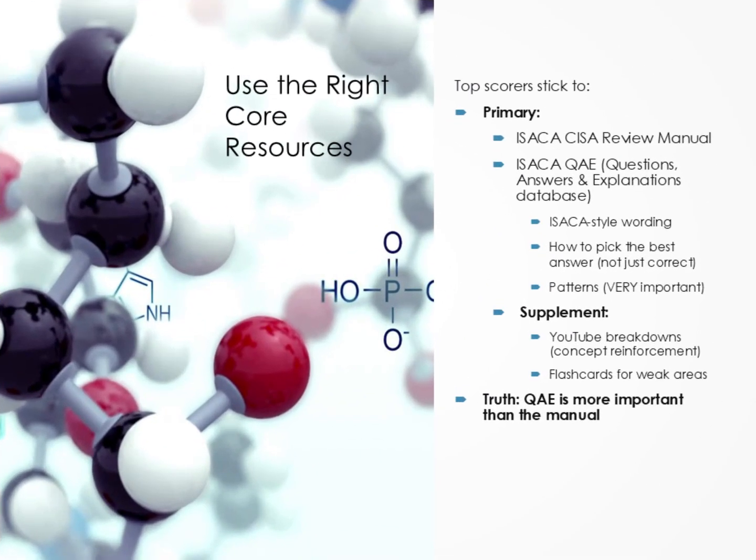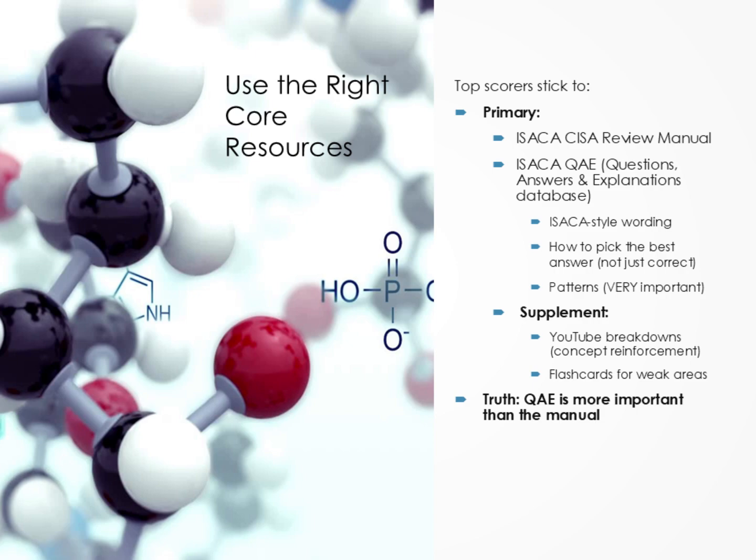Next, let's look at the core resources you should be using. Top scorers tend to focus on just a few key materials. First, the official CISA Review Manual. This is your primary source, and it aligns closely with how the exam is structured. But more importantly, the questions, answers, and explanations database, often referred to as the QAE.